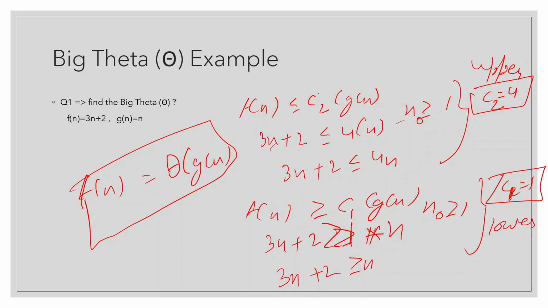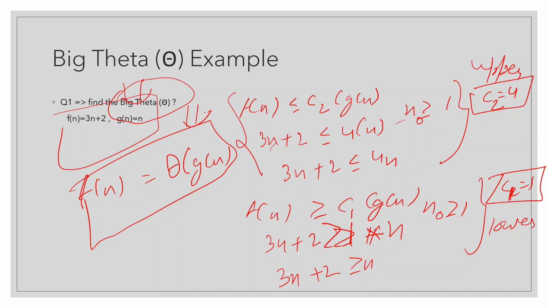So it's easy. If you are able to find the condition for big O as well as big omega, then you are able to find it for big theta also. If both conditions are satisfied, then automatically you can say big theta.